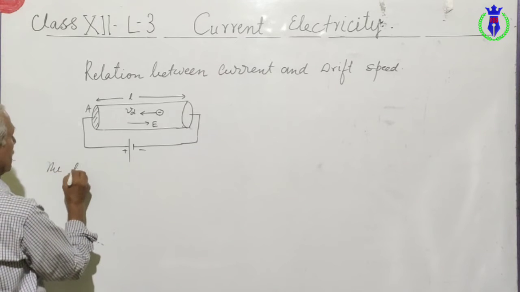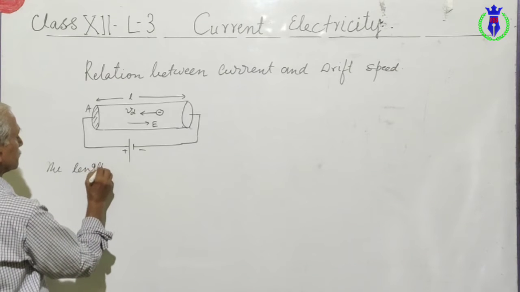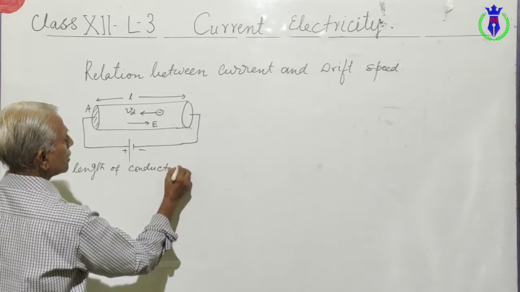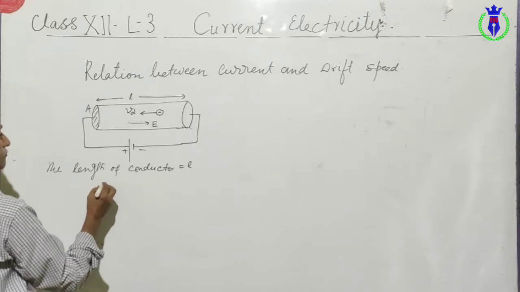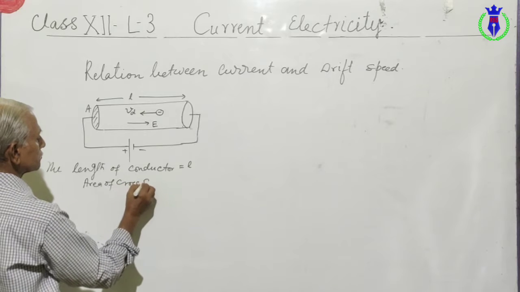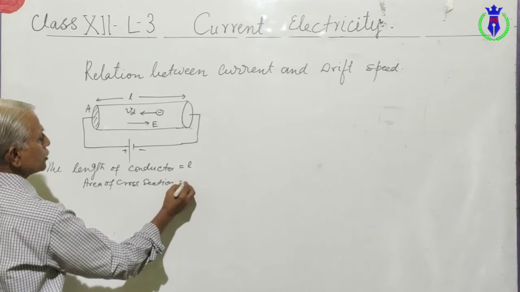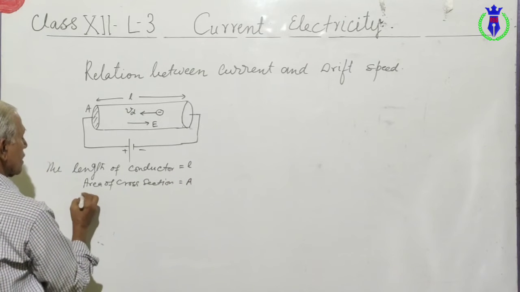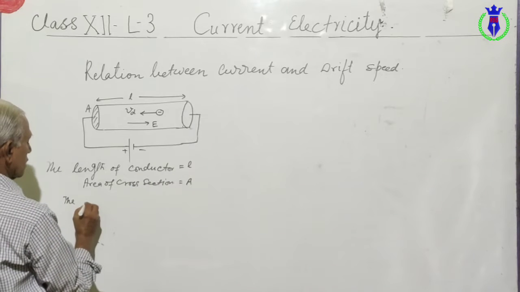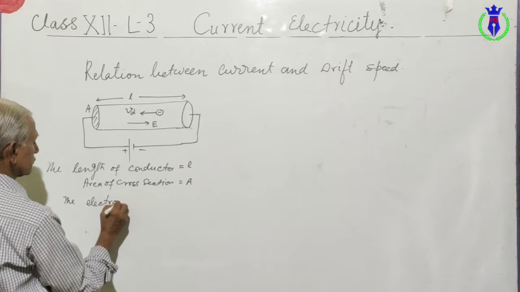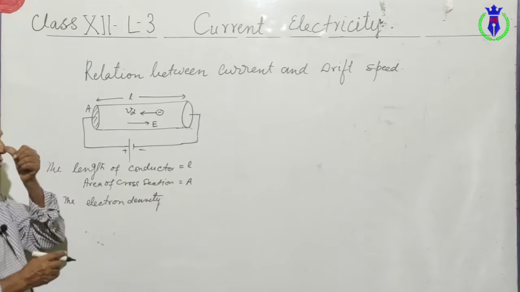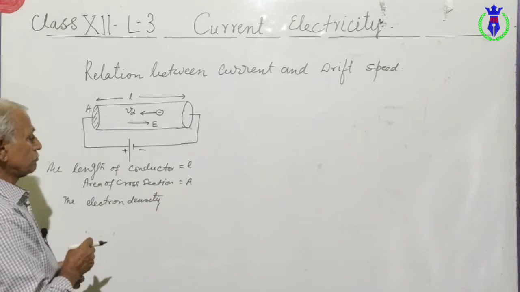The length of the conductor is equal to L, the area of cross section is equal to A, the electron density is the number of electrons per unit volume.